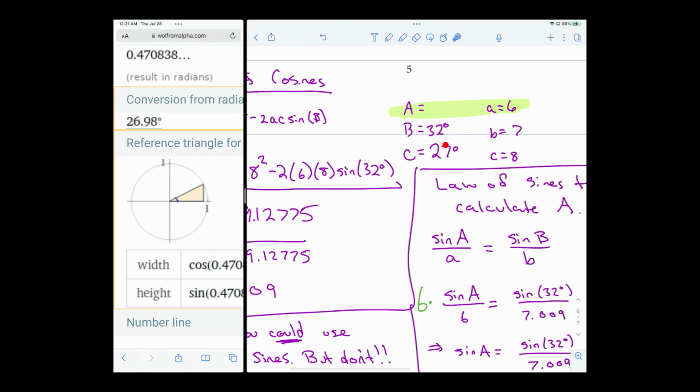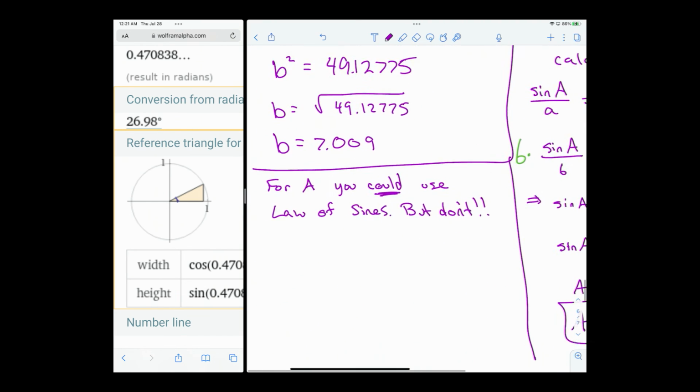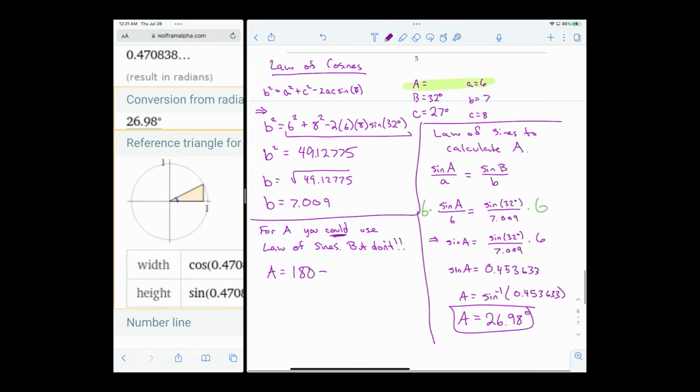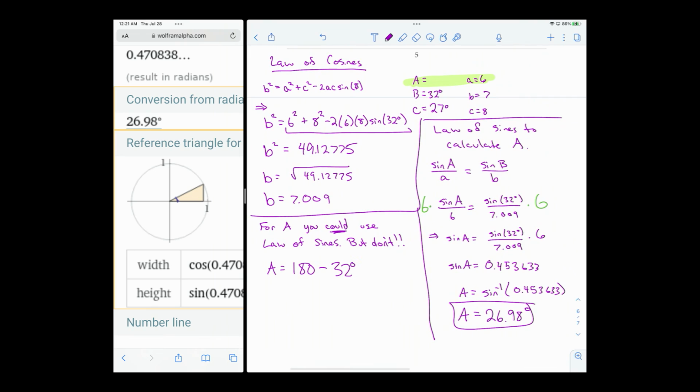So if you know 2, you don't need to calculate the third with a complicated formula. We know that they have to add up to 180. So instead, just say that C has to be 180 minus the other 2. So minus 32 minus 27. That's a lot faster than law of sines. So we type them all in, we get 121.